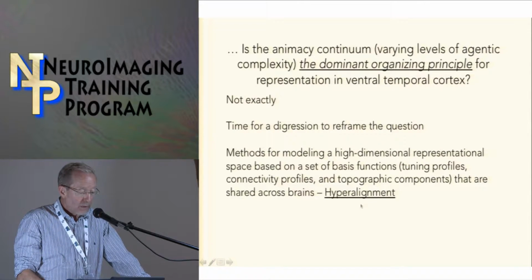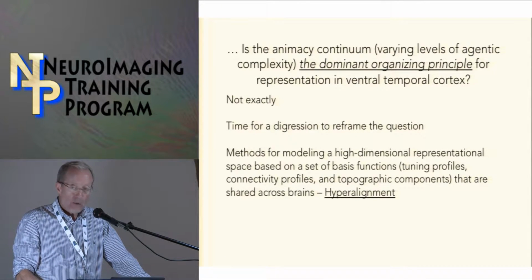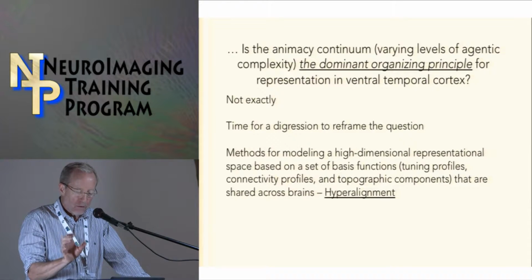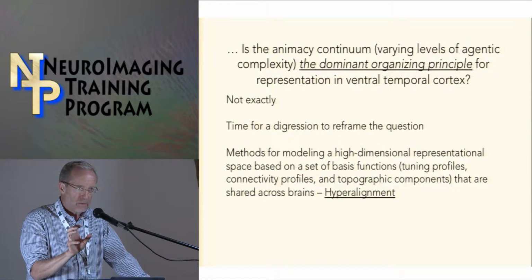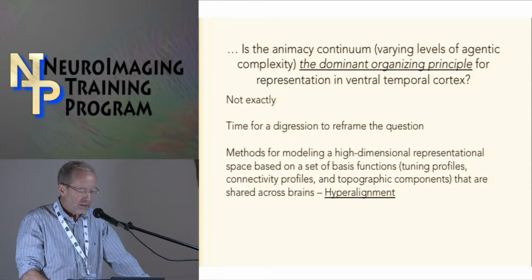So is this it? Are we starting to close in on what is the organizing principle? It's not faces versus non-faces. It's not animate versus inanimate. Is it the level of agency, the natural perception of whether something is agentic? Well, I'm not satisfied with that either.